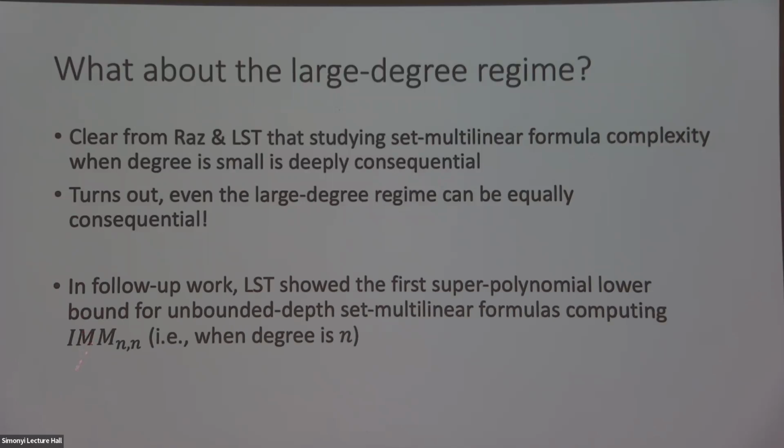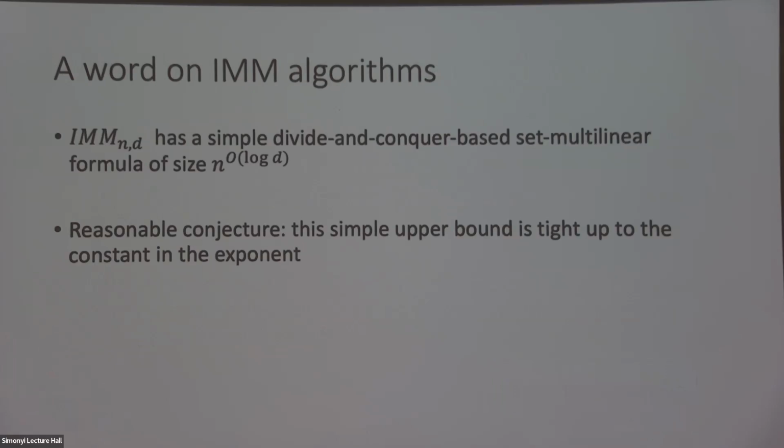Suppose your hard polynomial is the IMM polynomial, iterated matrix multiplication. So let's try to study set multilinear formula lower bounds when the hard polynomial is IMM. There was a second paper by Nutan, Srikanth, and Sebastian who studied this. And let me tell you why it's interesting to study. One reason is that the best formula we know for computing IMM is a simple divide and conquer approach.